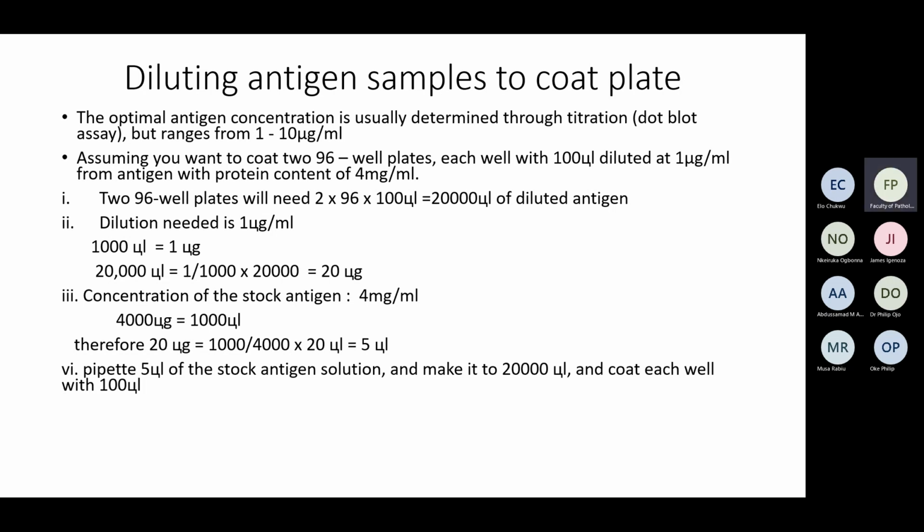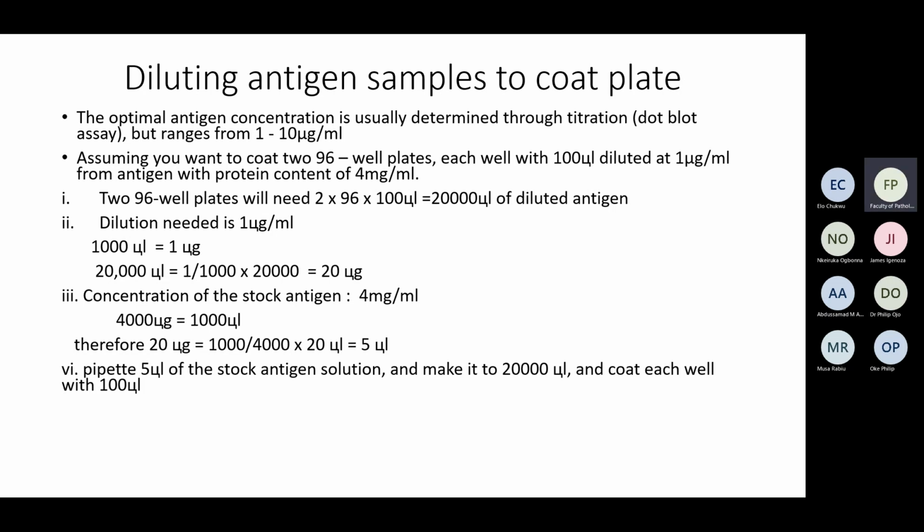You have diluted this antigen to become 1 microgram per mil from an original protein concentration of 4 milligrams per mil. So the antigen you got from your crude extract was 4 milligrams per mil, but the antigen you want to work with for ELISA is 1 microgram per mil. So how do you go about it?